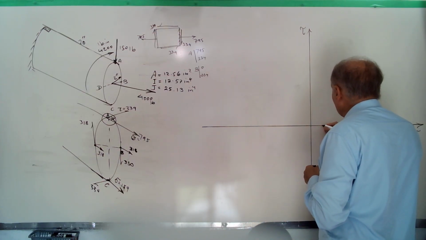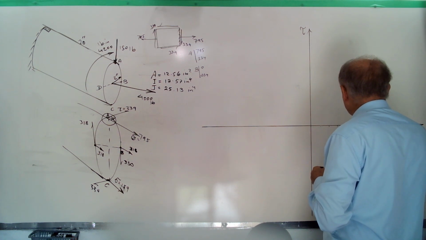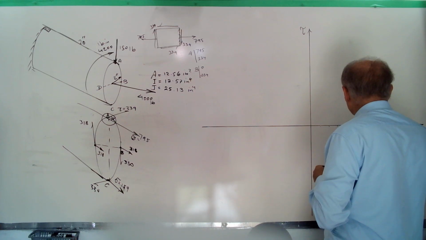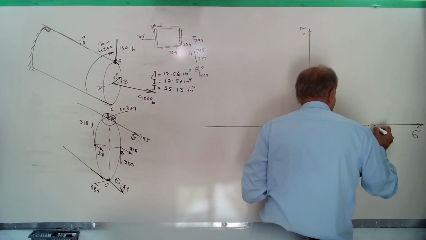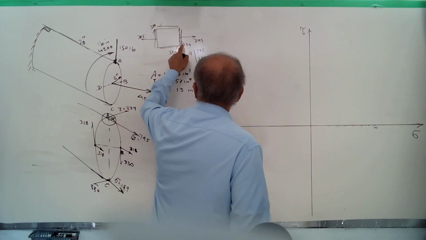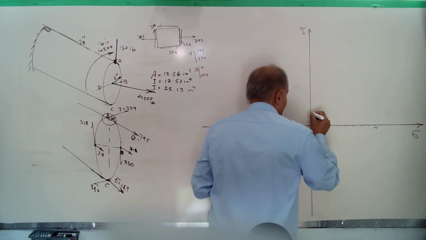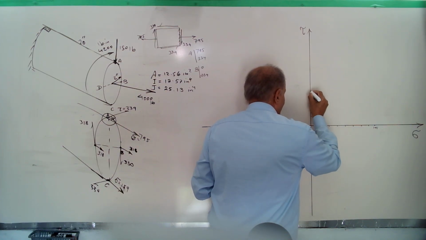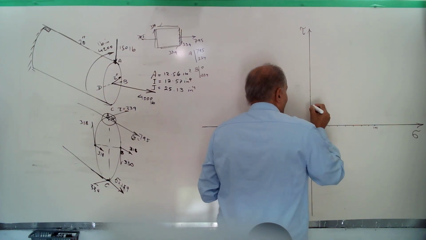For example, assume 100, 200, 300, 400, 500, 600, 700, 800, 795. We reach this point. And what about the 334, which is clockwise considered positive? 1, 2, 3, 334 is here.